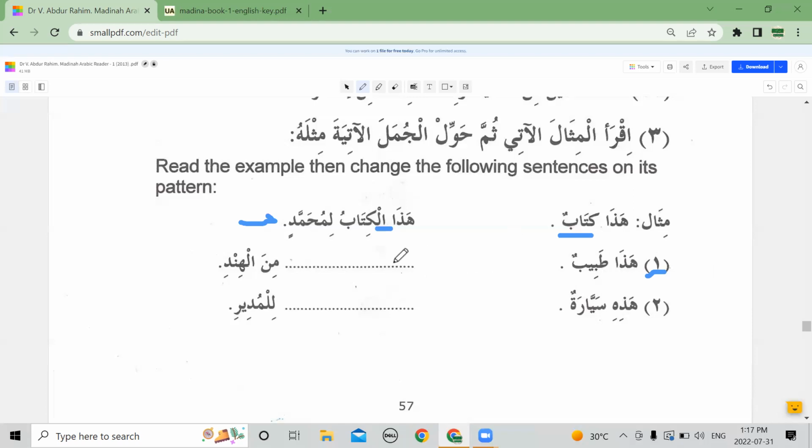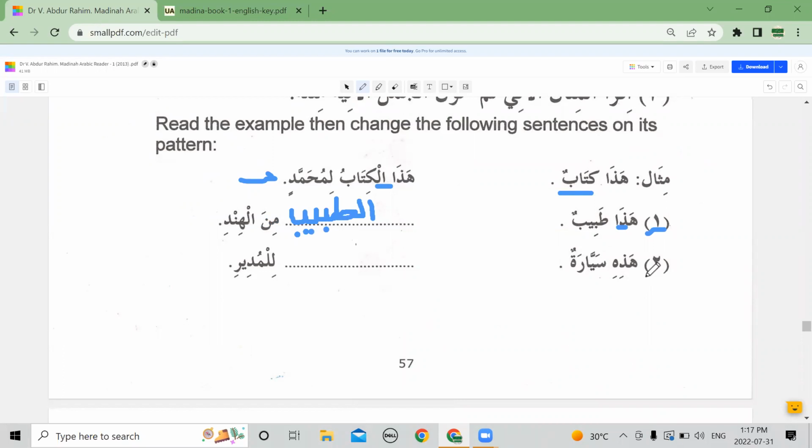And then if we change it to هذا الطبيب, we write alif lam and then write طبيب. هذا الطبيب من الهند. Right? Then what does the meaning become? The doctor is from India. Right. This doctor. Because هذا means this. So this doctor is from India. Right. Next.